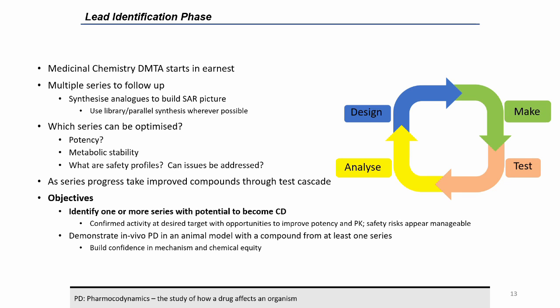Ideally, you'd like to be able to demonstrate pharmacodynamics, that is, an effect in vivo in an animal model with a compound from at least one series, ideally probably one compound from each series you want to take forward. And the point of this is that you are building confidence in the mechanism that you have, in the chemical equity that you have.